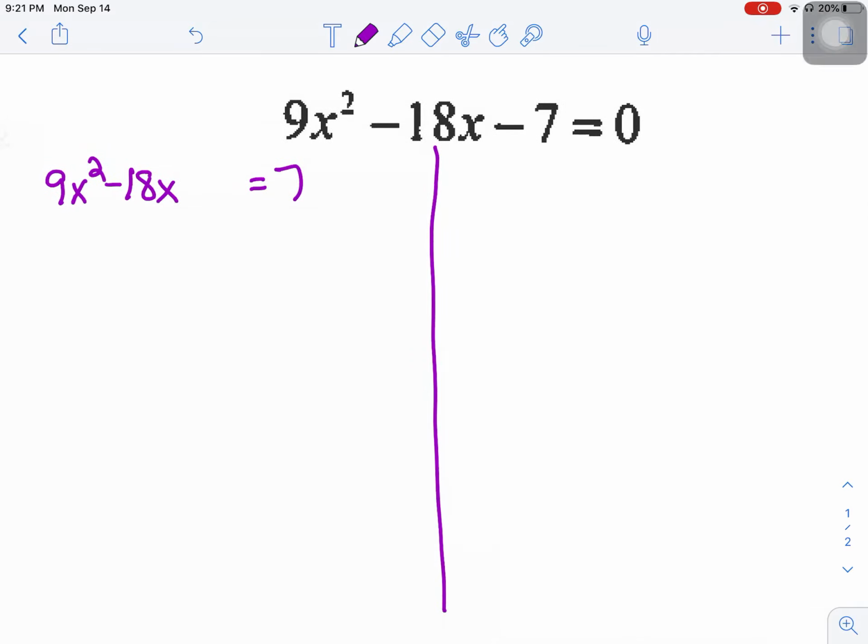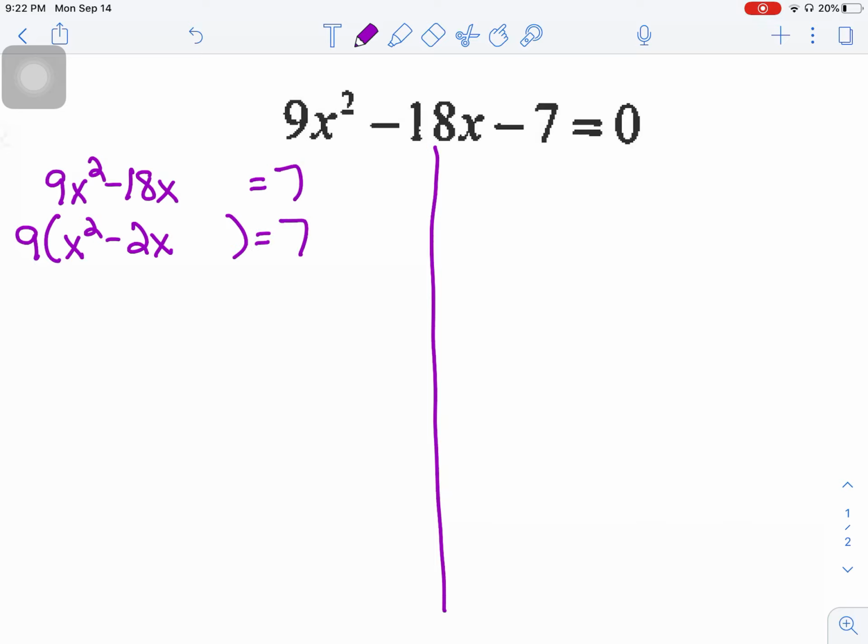Now, unfortunately, because we have an a value here that is not 1, we need to pay attention to this, because I can't just chop this part in half and square it, because that won't take into account the fact that there is a 9 here. So what you're going to do is actually factor out the 9 from just that left side.